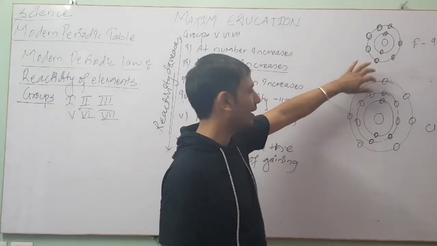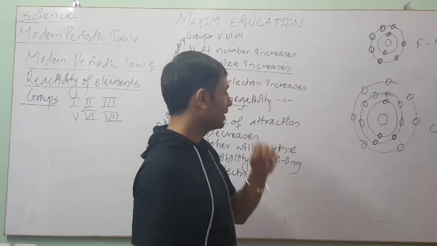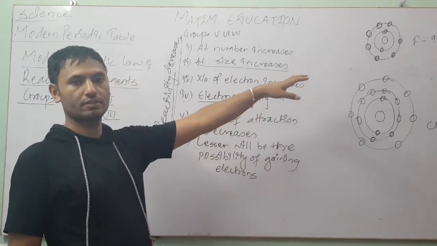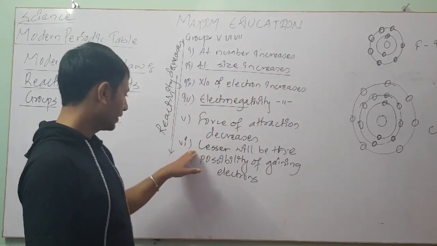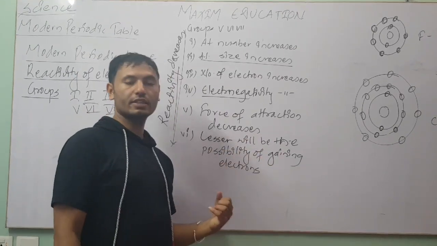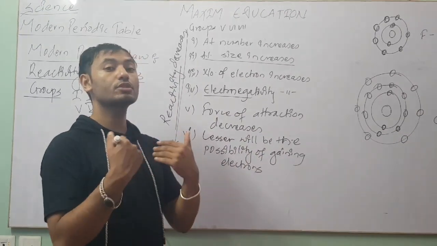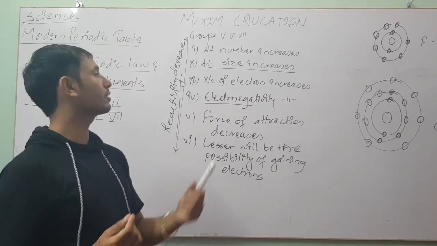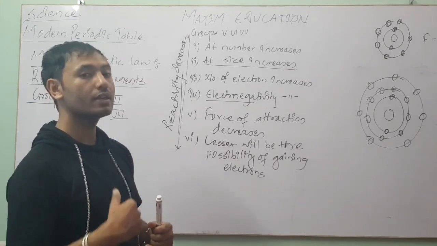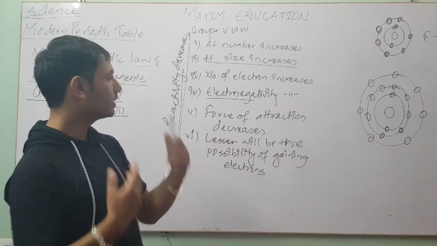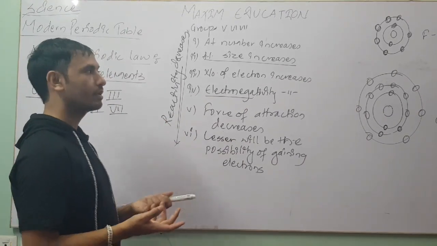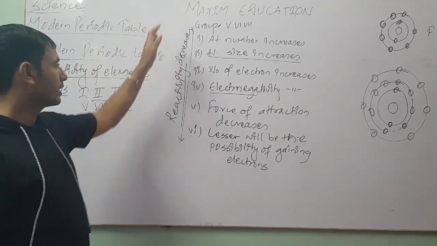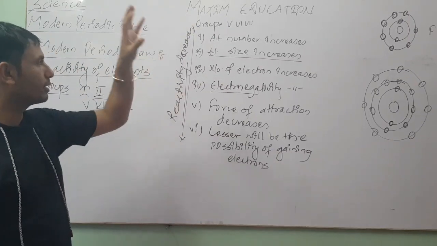When the force of attraction in the valence shell decreases, the possibility of the valence shell gaining an electron is lesser. If it gains the electron faster, then it is more reactive because these elements are electronegative in nature. They gain the electron, take part in chemical reactions and gain stable electronic configuration. So the reactivity of the elements decreases while going from top to bottom in group 5th, 6th and 7th.